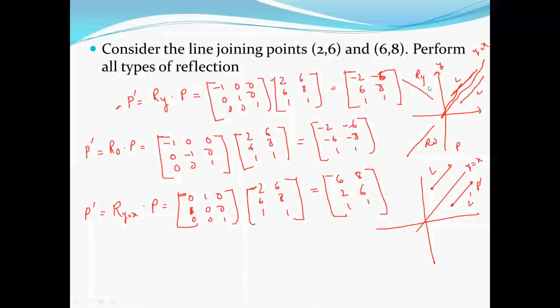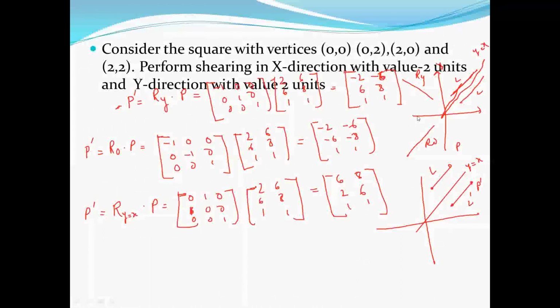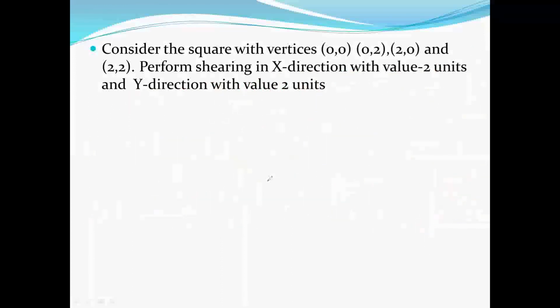Now, there is a last one. The last one is the shear. Consider that you have the square with the vertices (0,0), (0,2), (2,0) and (2,2), and you have to perform the shearing with respect to x direction and with respect to y direction.